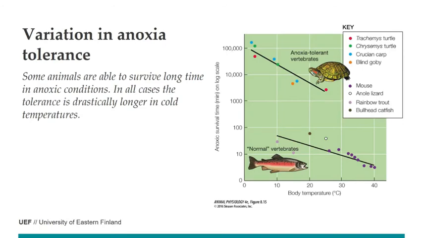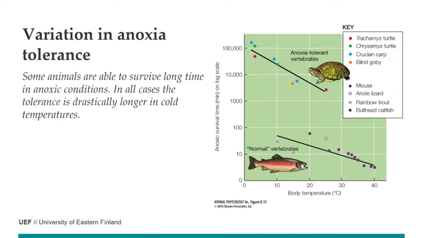Usually even ectotherm animals like rainbow trout can last maybe 10 minutes without oxygen. But these anoxia tolerant vertebrates are on a completely different scale. They can last for 10,000 or 100,000 minutes.